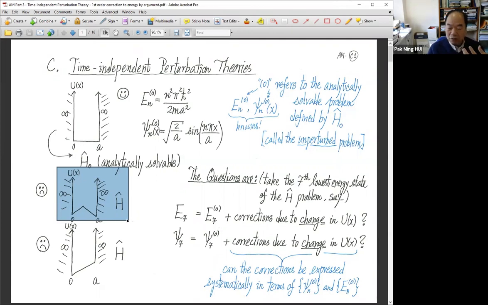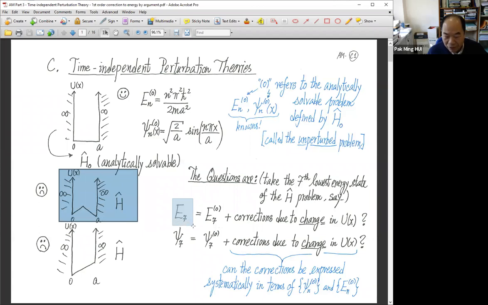We are not restricting ourselves only to ask about the ground state. And how about this one? We like this problem a lot, right? I use this as an example, easy to see. And now we want to ask the following: how about the seventh energy of this problem?